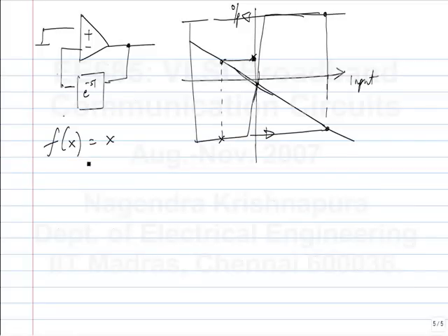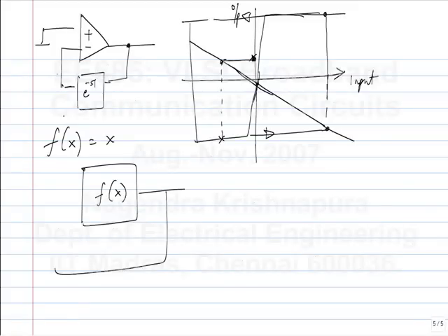If you think of this as a circuit, you have a forward amplifier which realizes f of x, and the feedback is x, and you are trying to make the two equal. Okay, f of x minus x equal to 0. So any nonlinear solution you can try to get in this form and solve it. And that's the idea.